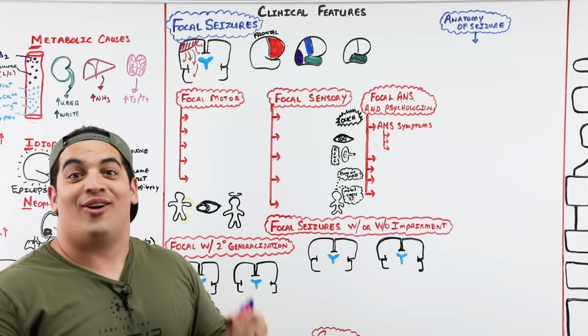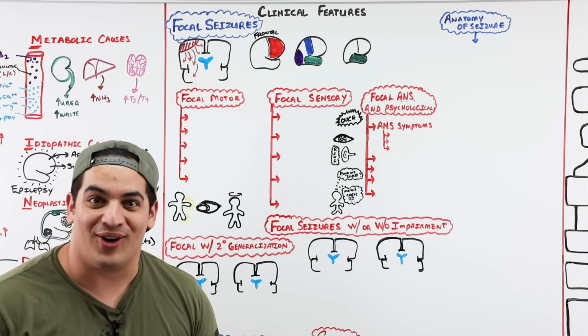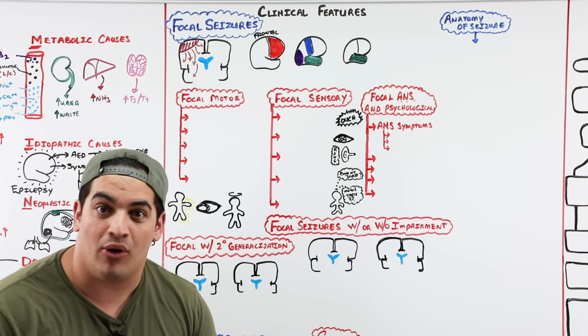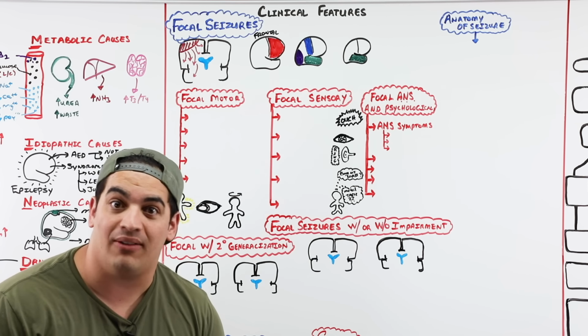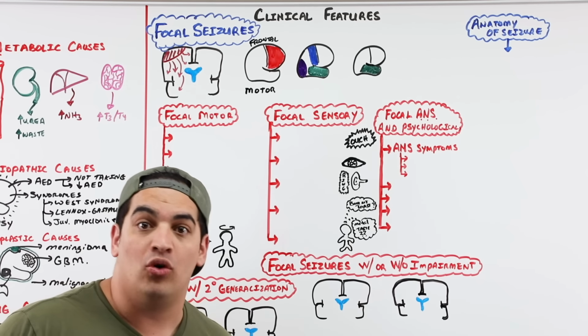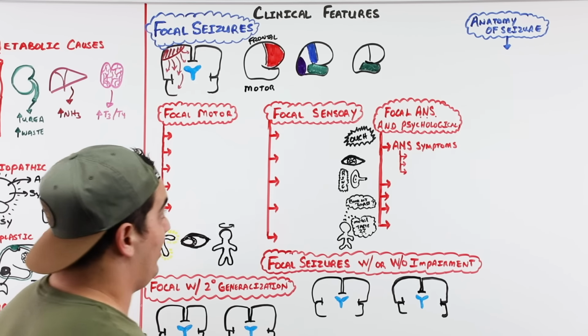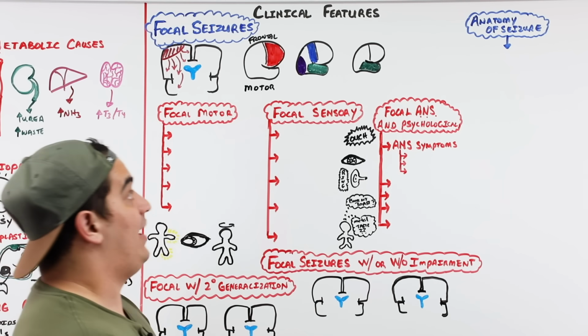There's a lot of motor activity: your primary motor cortex, your supplementary motor cortex, your frontal eye fields, Broca's area, a bunch of different things. So let's say in the right frontal lobe there's a lot of this abnormal excessive electrical activity, you may start developing abnormal movements on the contralateral side. And we'll talk about the different ways those movements can present.